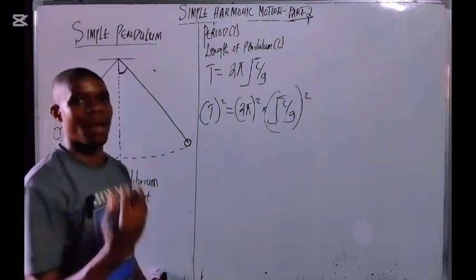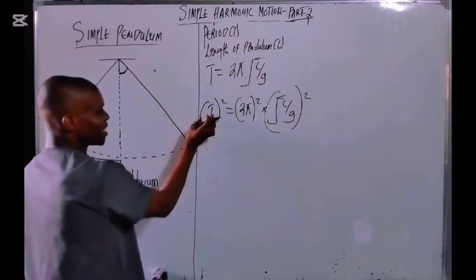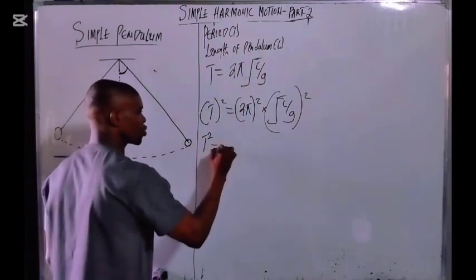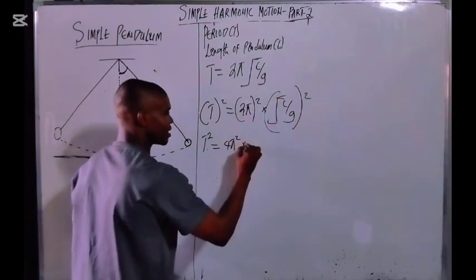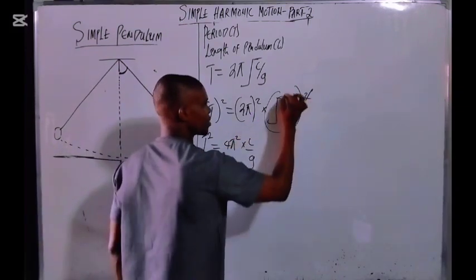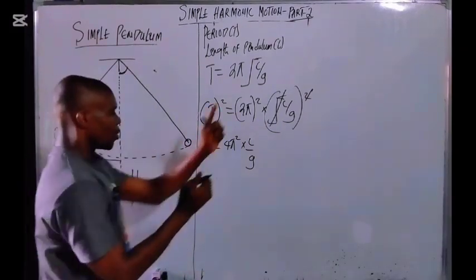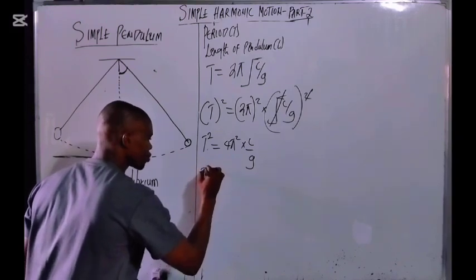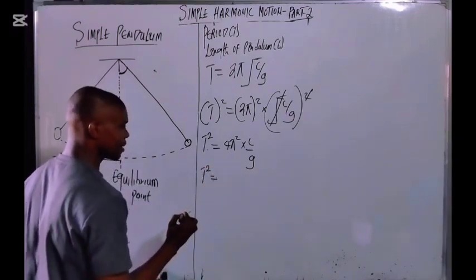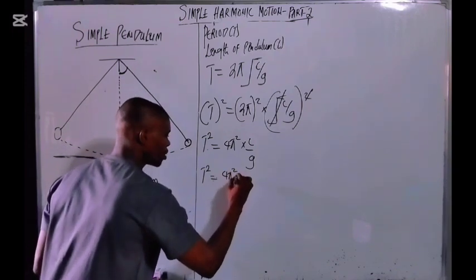Now the main reason I take the square is because I want to remove this square root here. So it is going to be T squared equals 4 pi squared times L over g, because we cancel this using indices. Hope you understand. Now, what I want to do here is this. Here we have T squared equals 4 pi squared L over g.